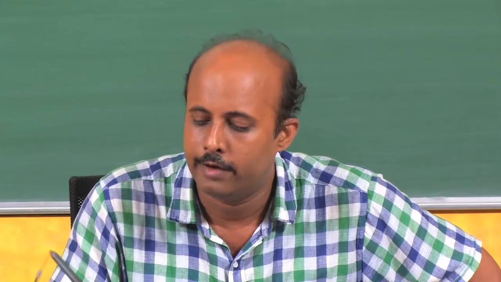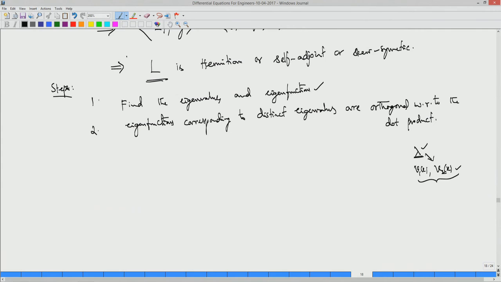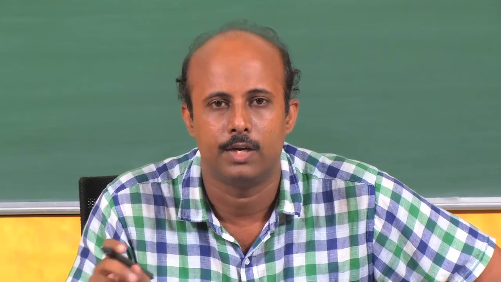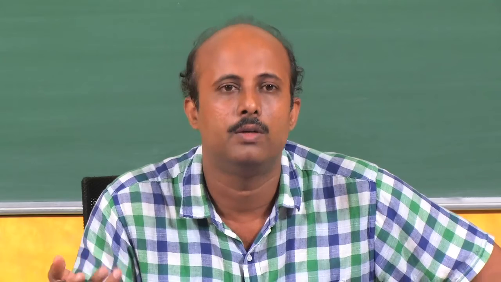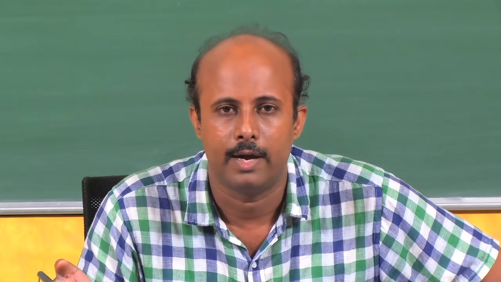You are simply solving the equation with the boundary conditions by fixing this lambda, looking for non-zero solutions, just like for the matrix. For the matrix, how do you find the eigenvectors? You fix that lambda, and calculate all the non-zero solutions of (A minus lambda I)x equal to 0. Those are eigenvectors.